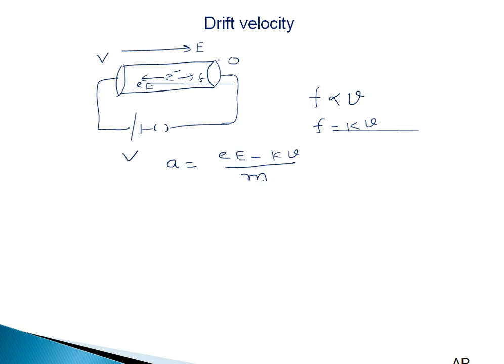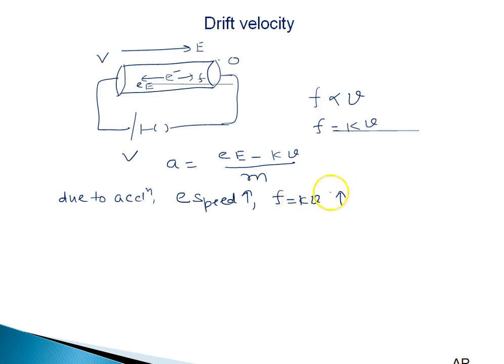Now, due to acceleration, what will happen? The electron speed will continuously increase. When the electron speed increases, the opposing force F equal to kv will also increase.